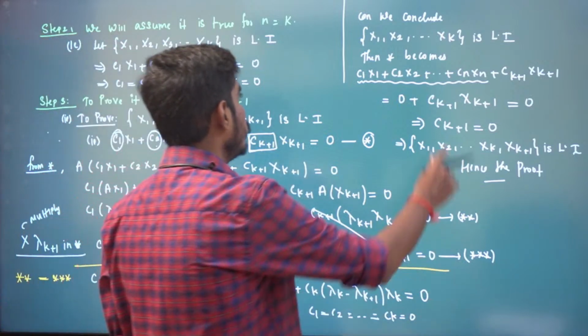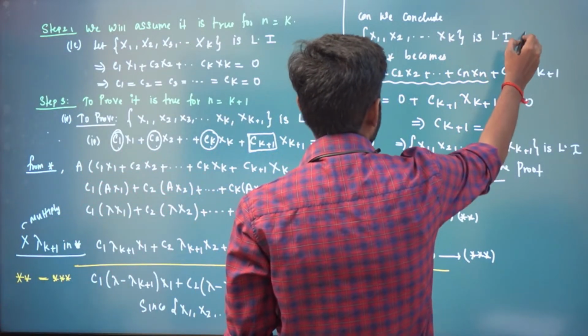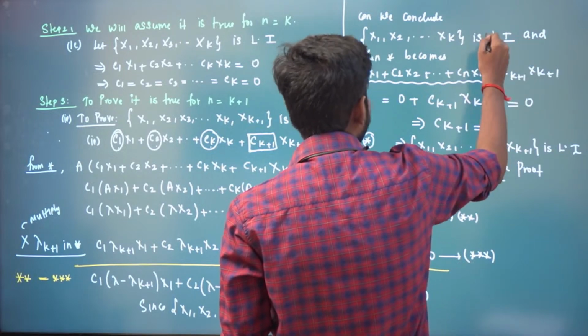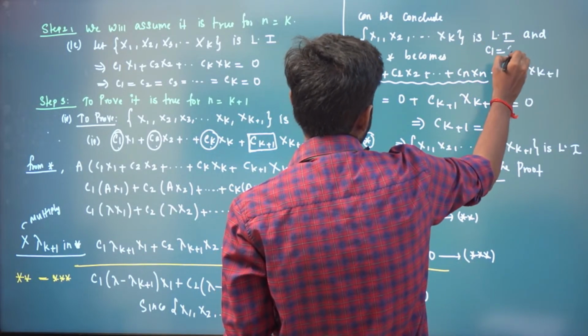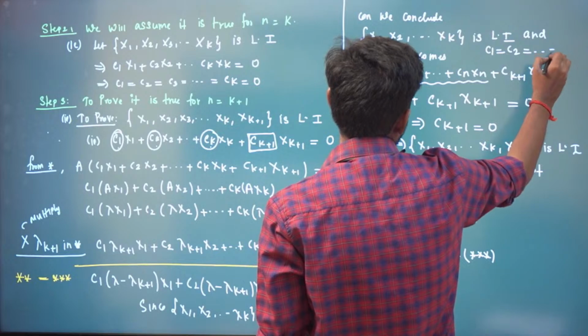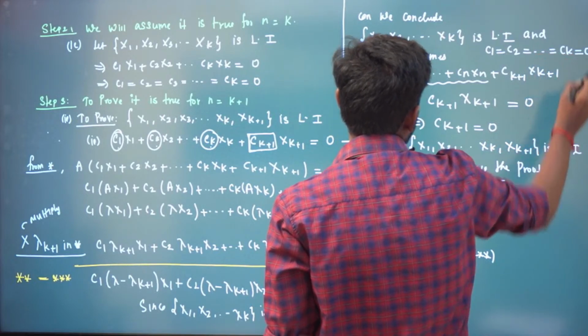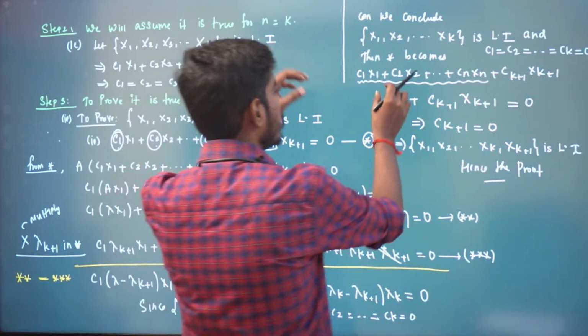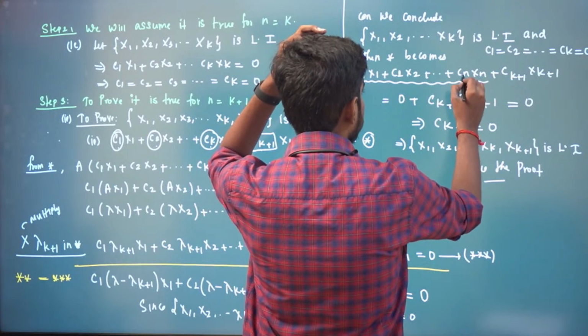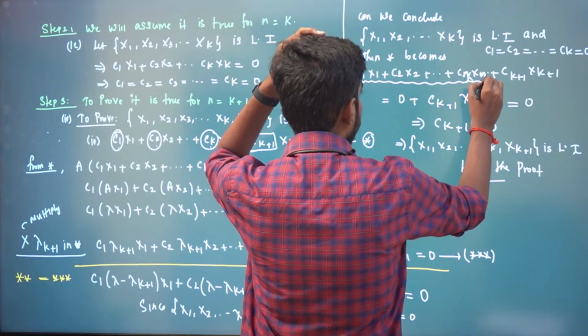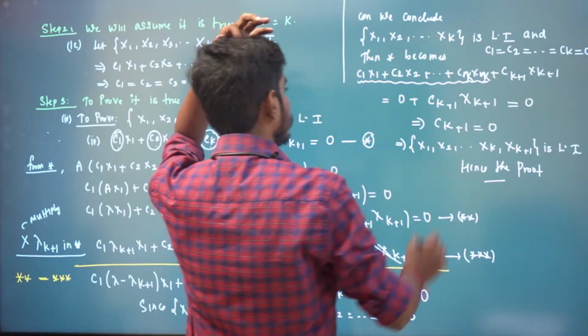We can conclude this x1 to xk is linearly independent, and this is by assumption. That means our C1, C2 and so on up to Ck's all are 0. And I'm substituting all these here. Ck, Xk, all these are 0.